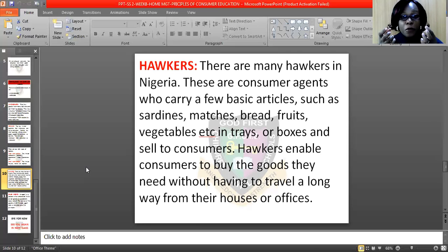Some hawk fruits, some hawk vegetables, and so on and so forth. They carry it in a tray or box, or even they use their car in doing it, but they don't put it on their head. Are you getting it?